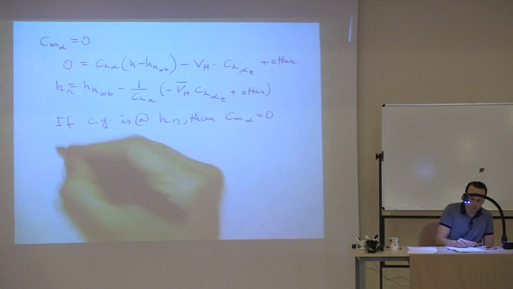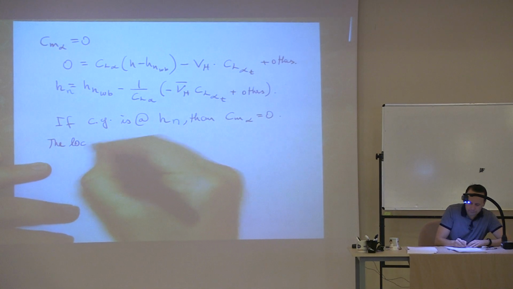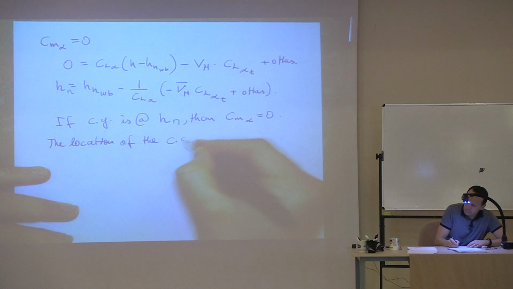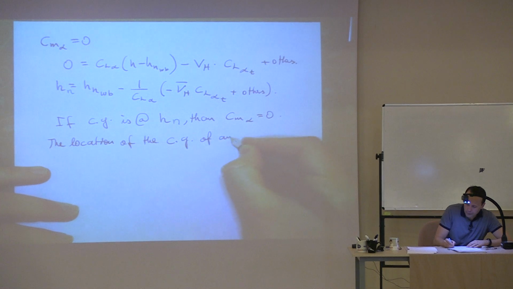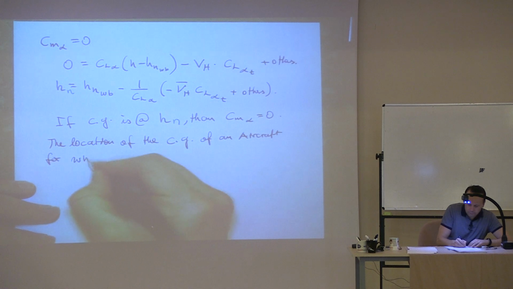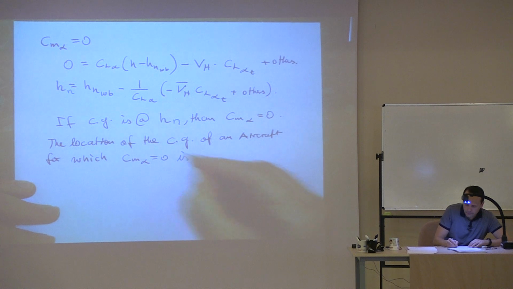Okay? So the definition for the neutral point is the location of the CG of an aircraft for which Cm alpha is equal to 0.